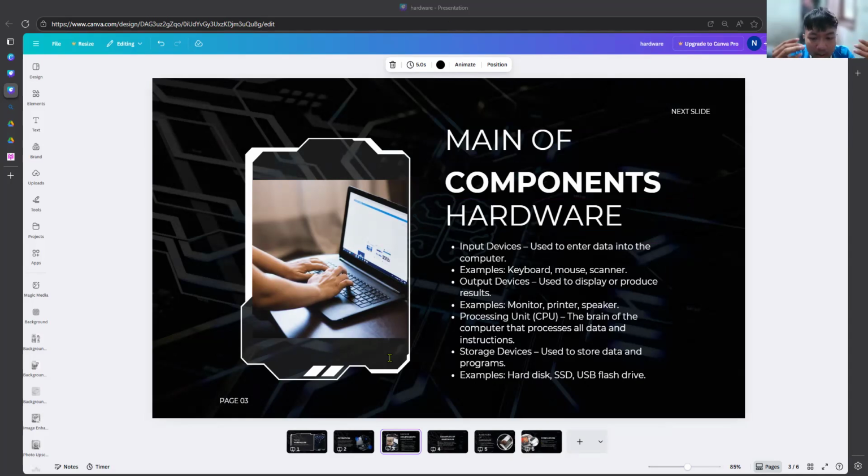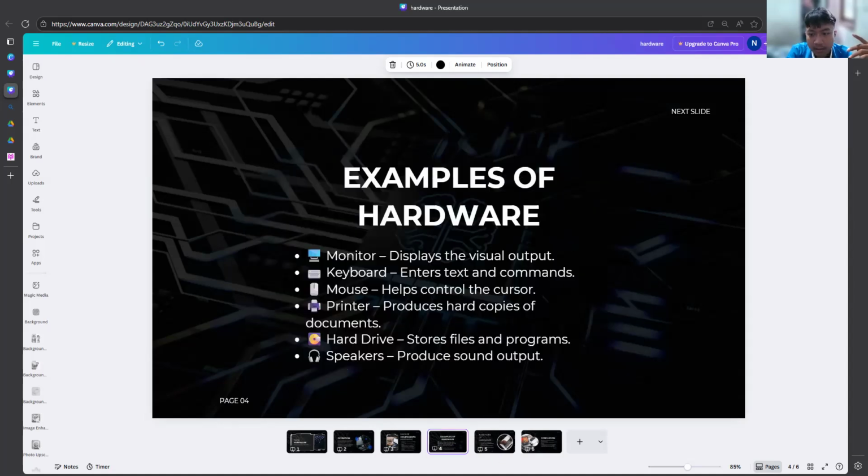It processes all the information. Finally, storage devices such as hard drive or flash drive are used to save data and programs.